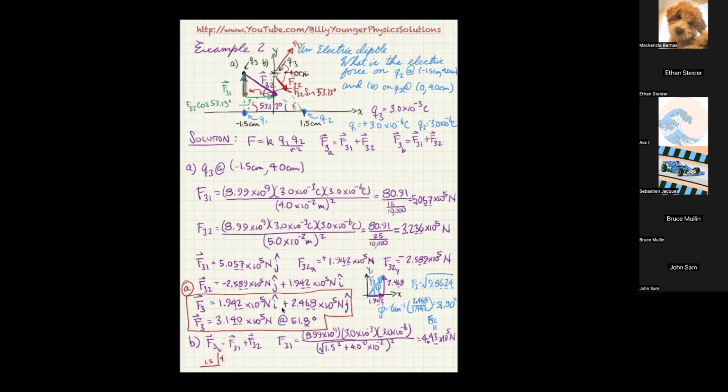Actually, let me get rid of this. 1.5, 4.0, and let's call this angle alpha. That angle alpha is that angle.